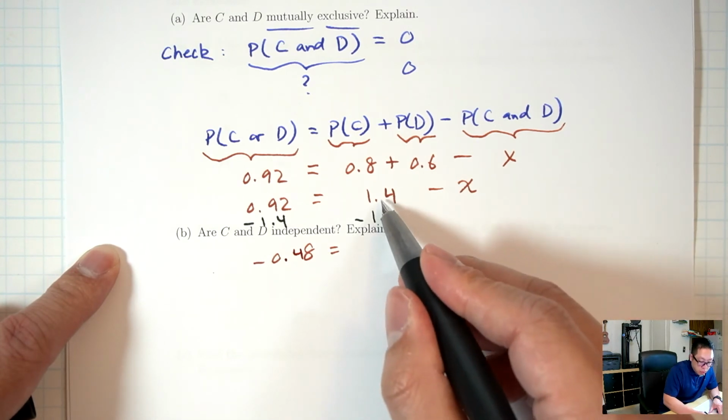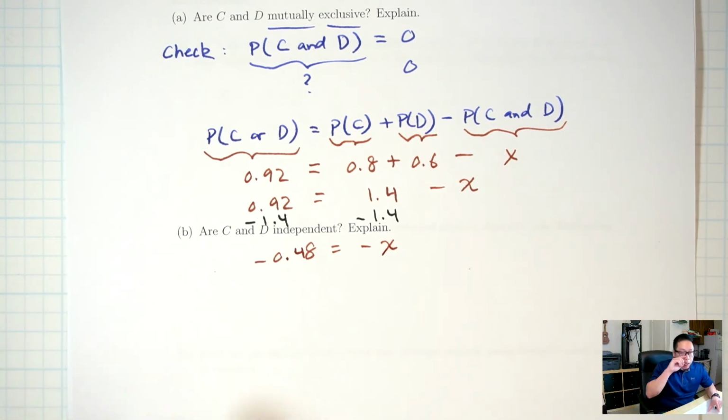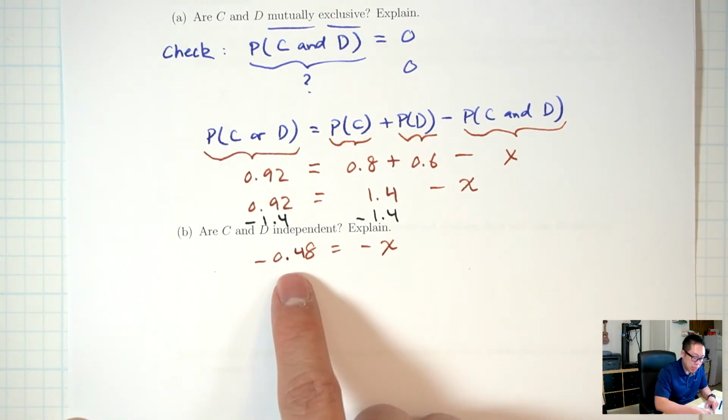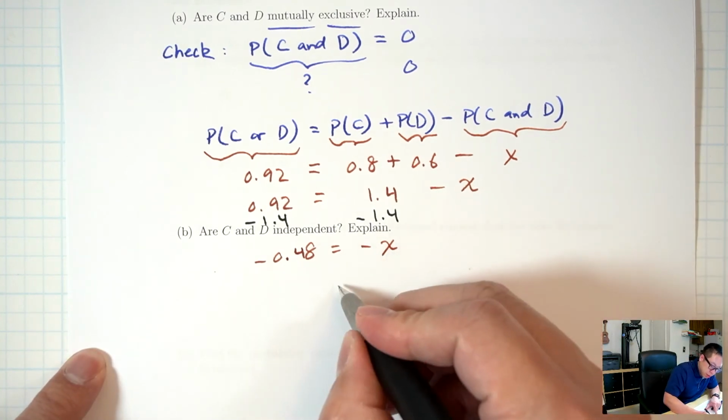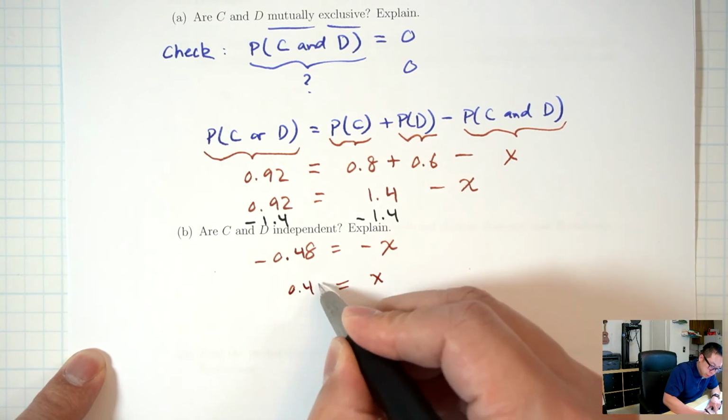On the right side, 1.4 minus 1.4 is going to cancel out, and then I have a minus X. I'm looking for regular X, so if I know negative X is negative 0.48, I know regular X should be positive 0.48.